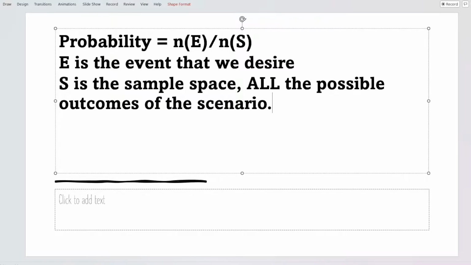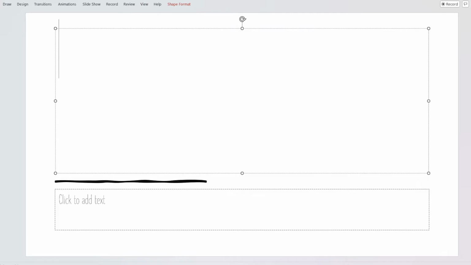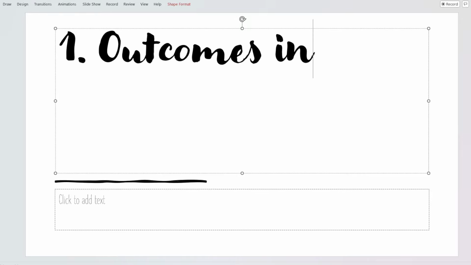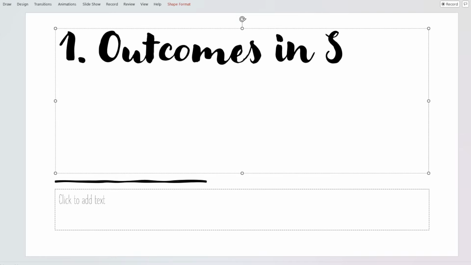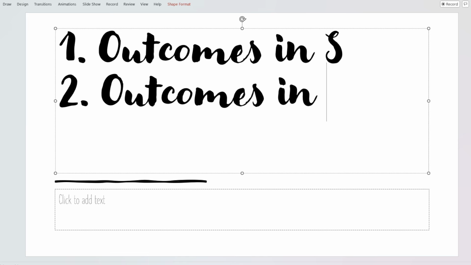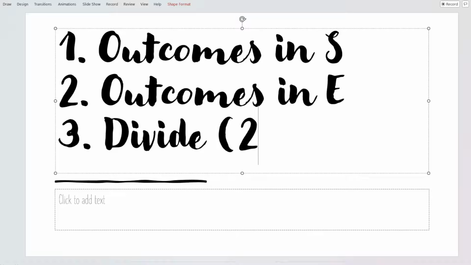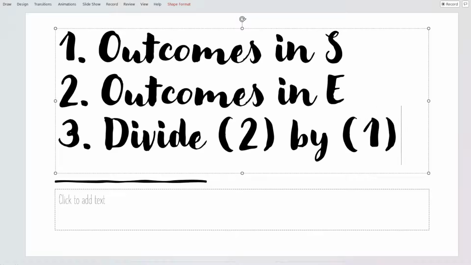What we usually do here, I can say in three steps. In finding the probability of an event, first we find the number of outcomes in S. Second, we find the outcomes in our desired event, let's say event E. And third, simply divide what we got in number two by the number of total outcomes in the sample space.